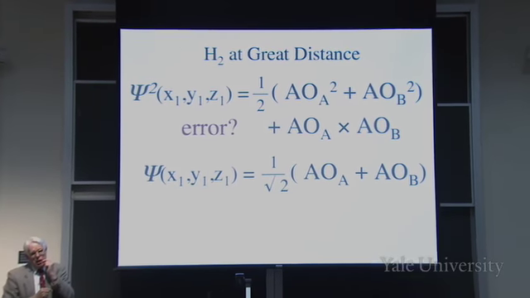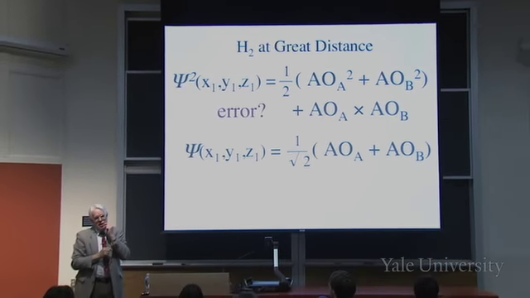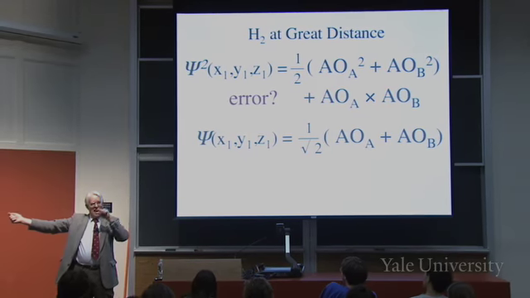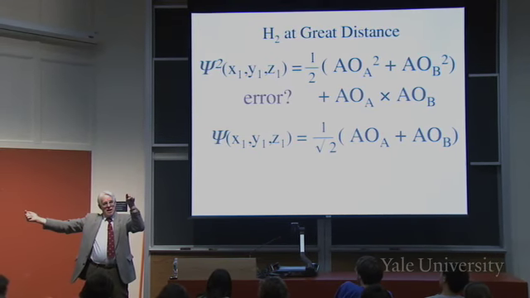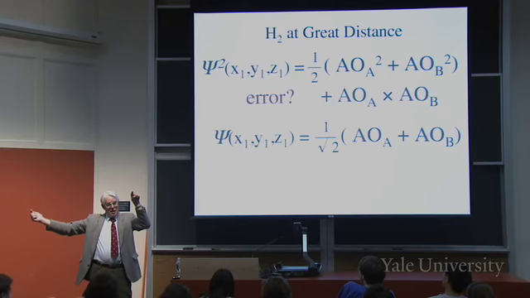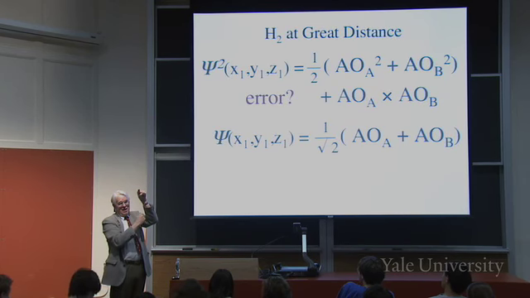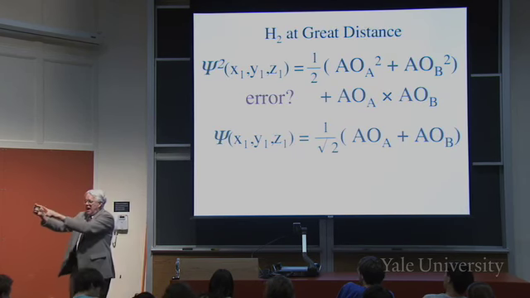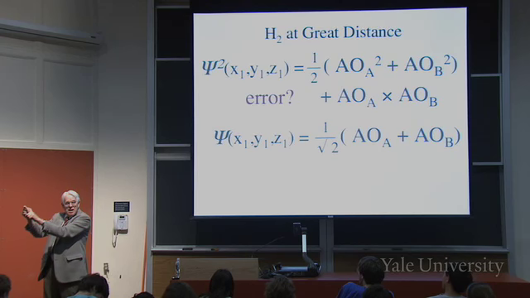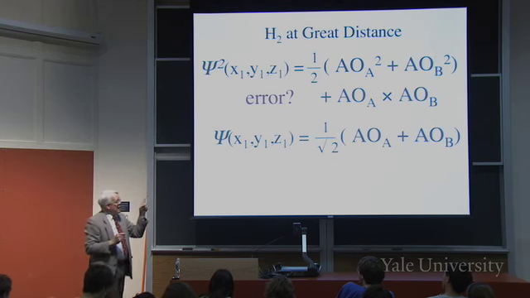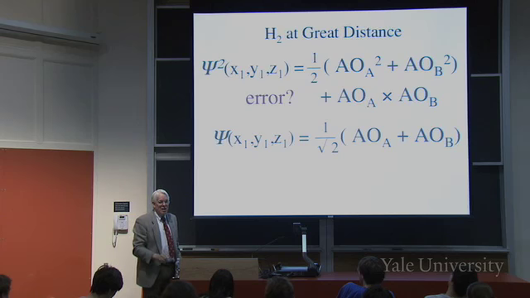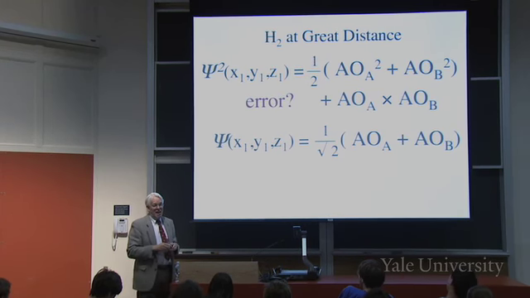How big is that product? How big is atomic orbital A here, a meter away from the proton? Not very big. And how big is atomic orbital B there? Not very big. Now, how big is atomic orbital A here? Very big. Okay. So now, how big an error do we make if we neglect A times B?